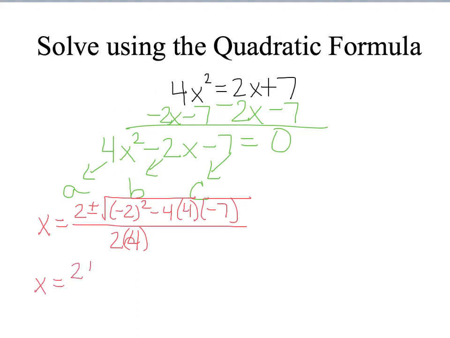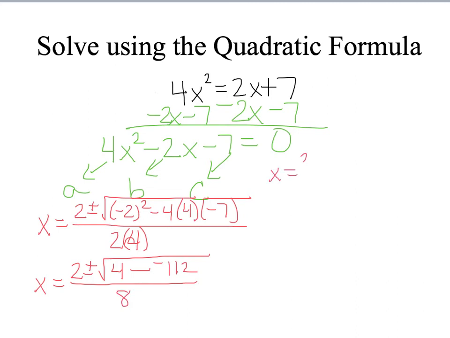X equals 2 plus or minus the square root of 4 minus 4 times 4 times negative 7 is negative 112, so minus negative 112 all over 8.